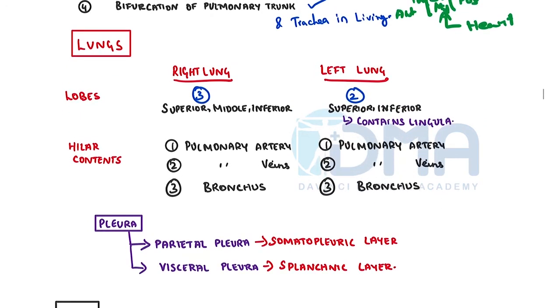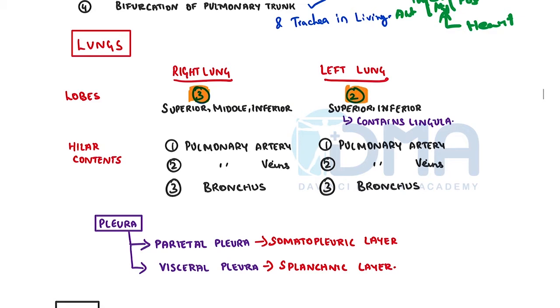Pretty important. High yield ones are how many lobes are in your right lung and how many lobes are in your left lung. The right lung is composed of 3 lobes, while your left lung is composed of 2 lobes.